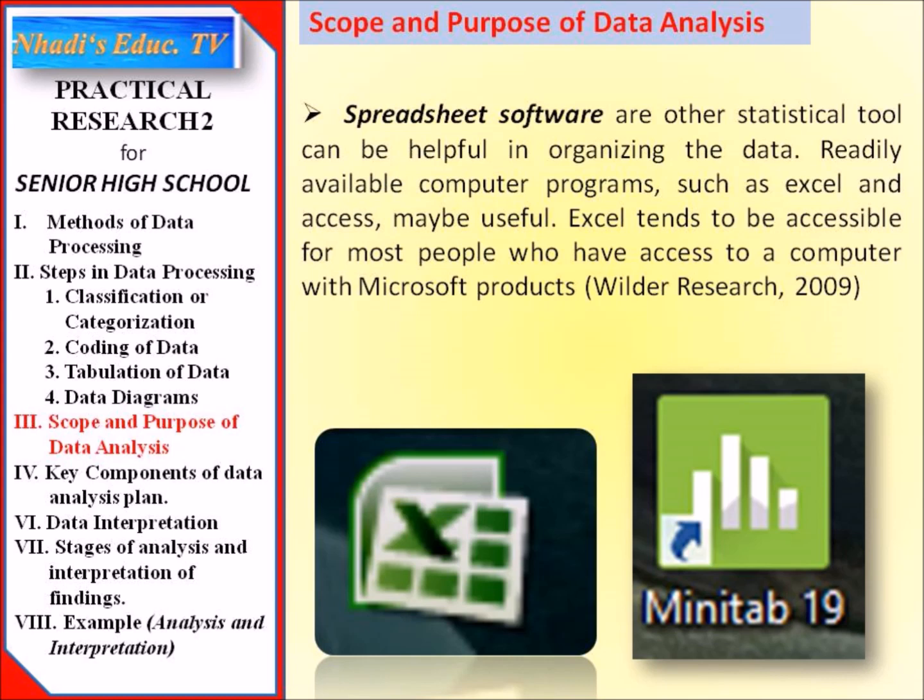And for easy computation of the result for statistical treatment on your variables or your data, we use Minitab. Nowadays, we use Microsoft products using our cell phones. So that is the good thing that we are now in the information age.